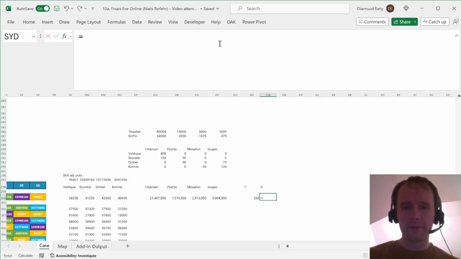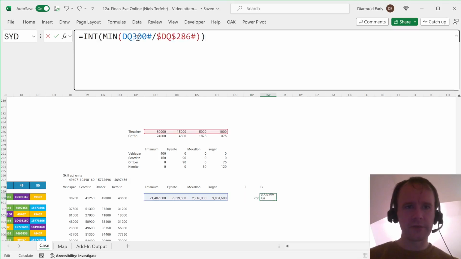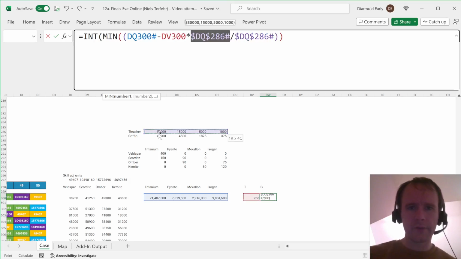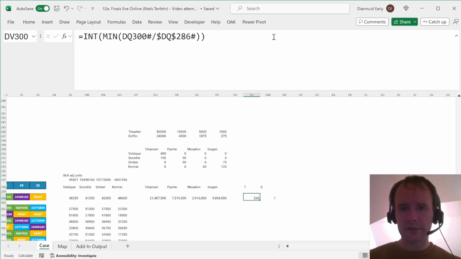And then you want to do basically the same thing for the griffin, except that your numerator is going to be what you start off with minus this times this lock, because that's what you've already used up on thrashers, and then this is just going to point to the next row for griffins, and then everything else stays the same.